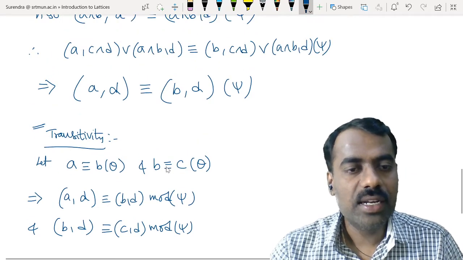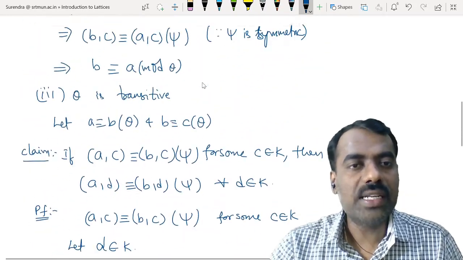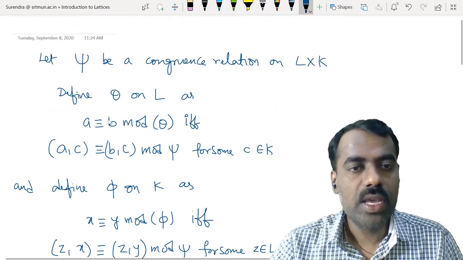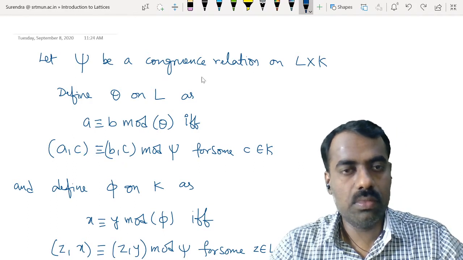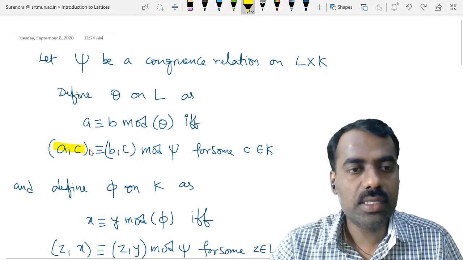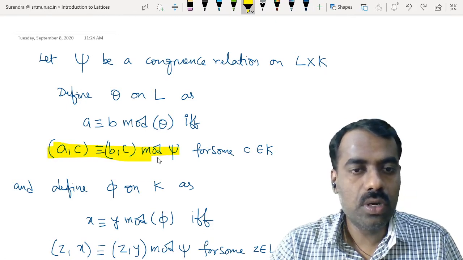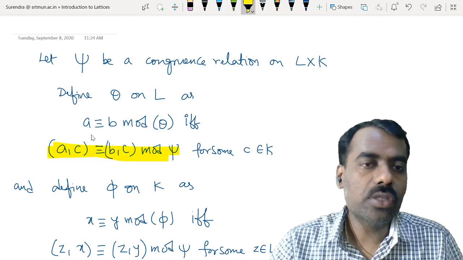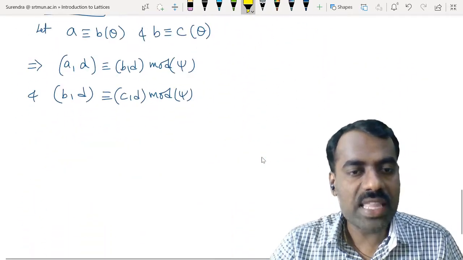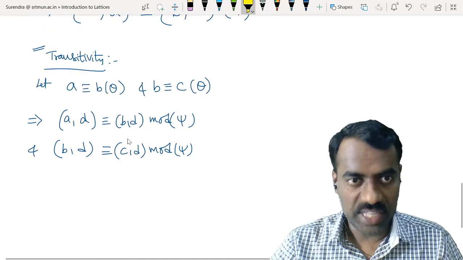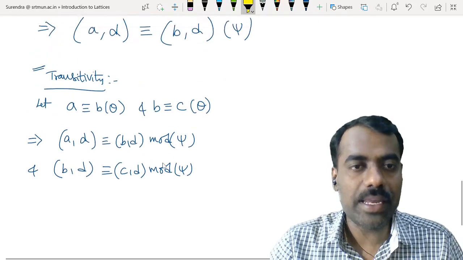Let's quickly go up and see what is the definition we have defined. You can see here A is congruent to B modulo theta if this is true for some C belongs to K. So when A is congruent to B, there exists some C. Similarly, when you have another one, there is no guarantee that the same element will be there.